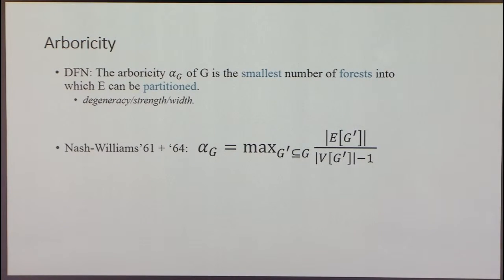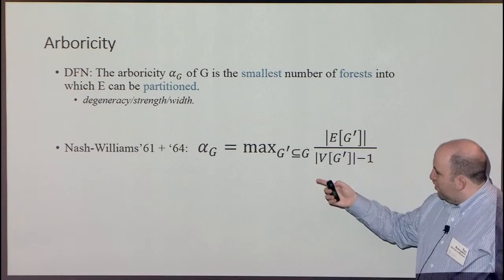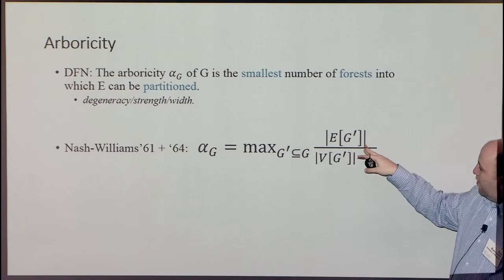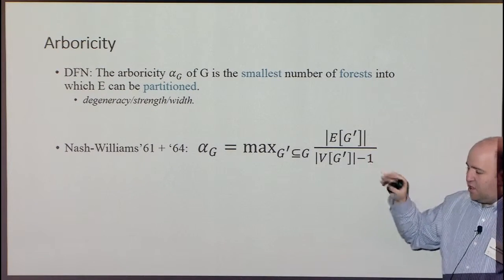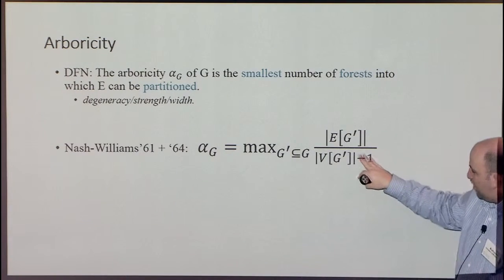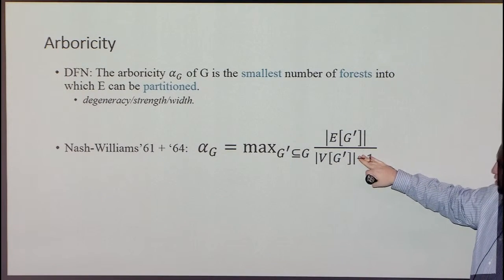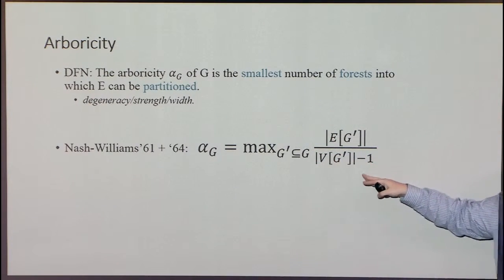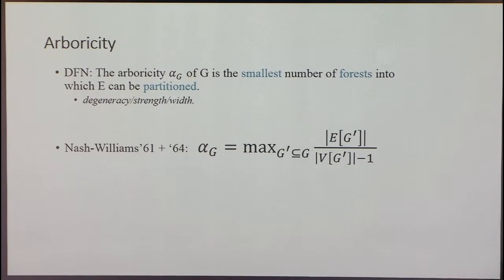Nash-Williams proved that the arboricity has another natural way of looking at it: the density of the densest subgraph. There's a -1 here that has to do with the fact that it's forests, but if you ignore this -1 to get intuition, you consider all possible subgraphs and look at the number of edges divided by the number of vertices, and the densest subgraph defines the arboricity of the graph.